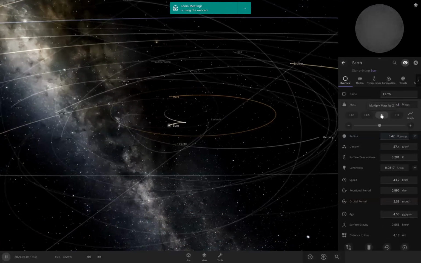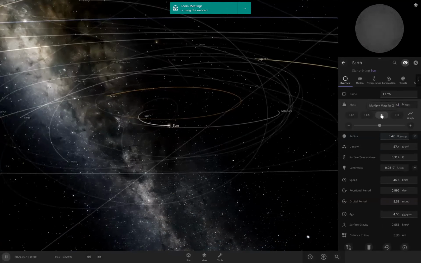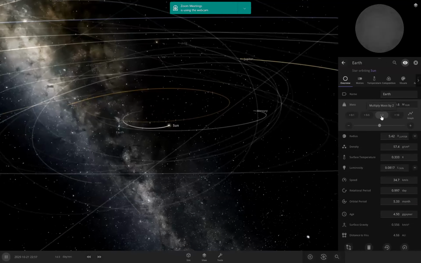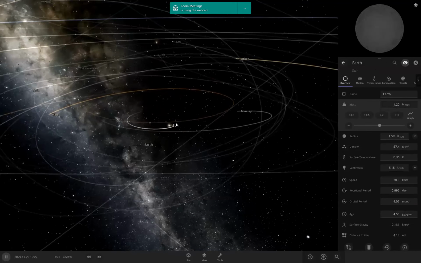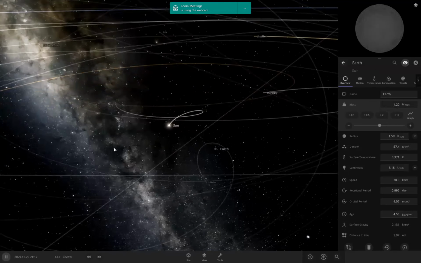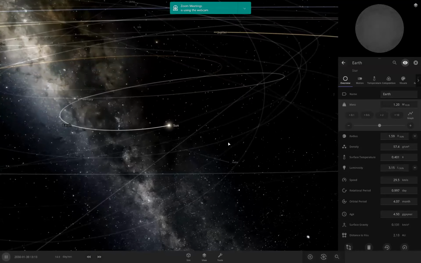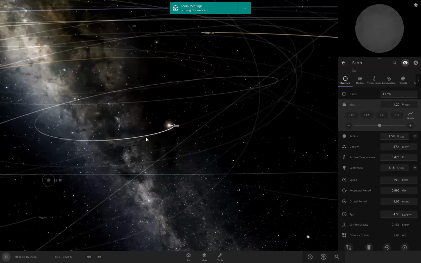If I just double here, the Sun got messed up. See, Sun and Earth are rotating about each other. Now the masses are comparable. Now you can clearly see here, Earth and Sun are rotating about each other. This is the Earth. It became a binary star.